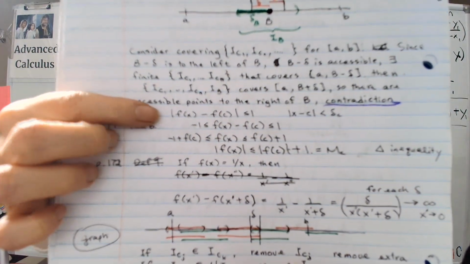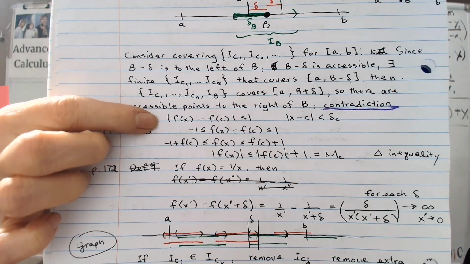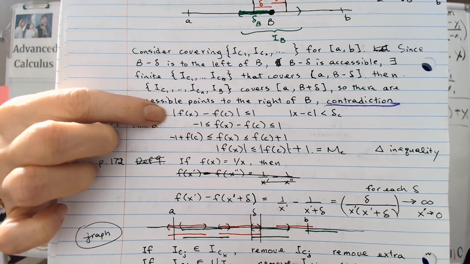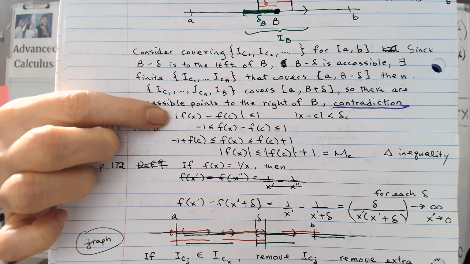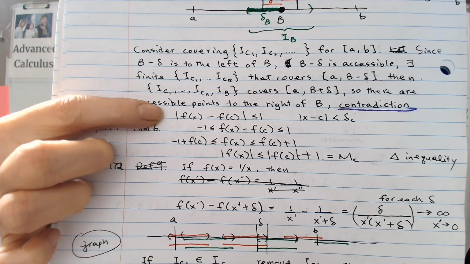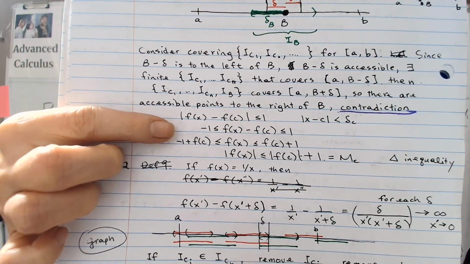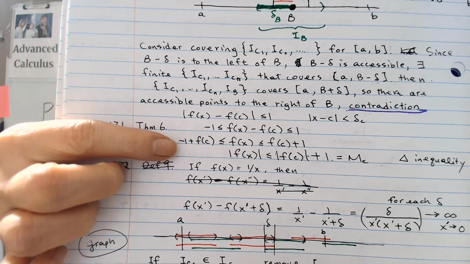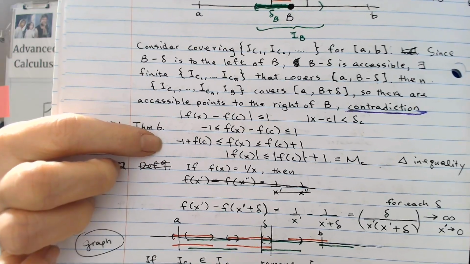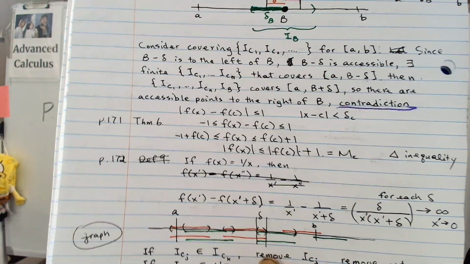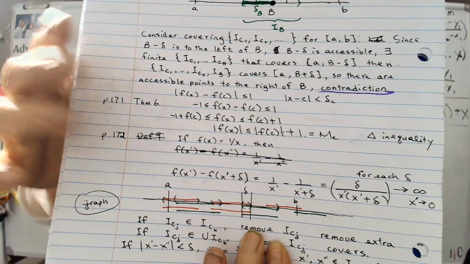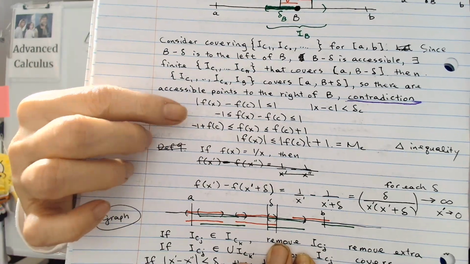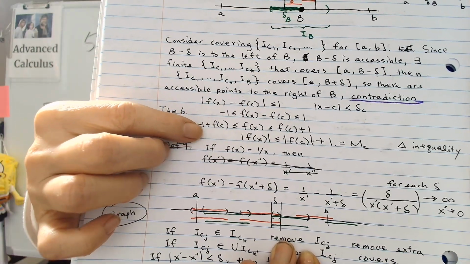What happens is, this is what we're starting with, |f(x) minus f(c)| is less than or equal to 1, and then this is the definition of the inequality, okay? That means it's between 1 and minus 1, which will move the 1 over, and then we'll slap the f(c) to the other side of the inequality.